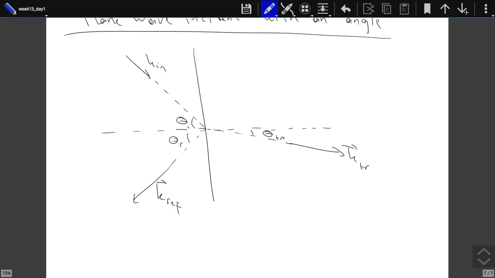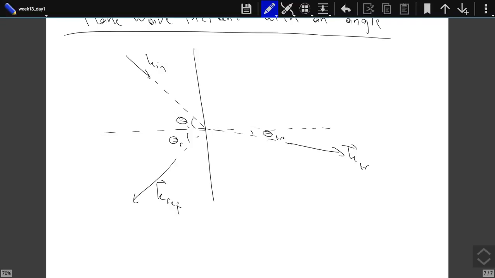Now we will be separating 2 different cases. You see, this is our interface. This is my K. This is my E. This is my B. Now, when K makes an angle with the interface, it is possible that B still stays parallel, and E is no longer parallel. Or E is parallel, but B is no longer parallel.